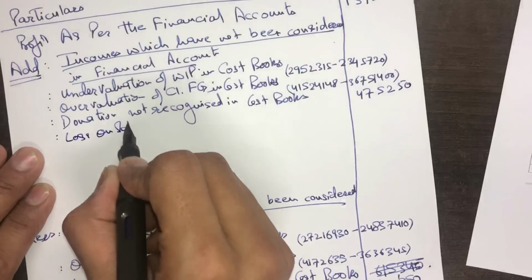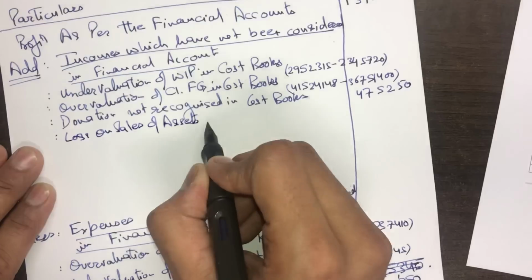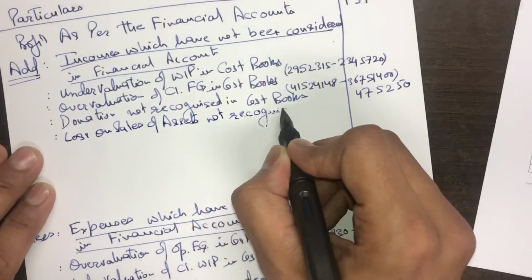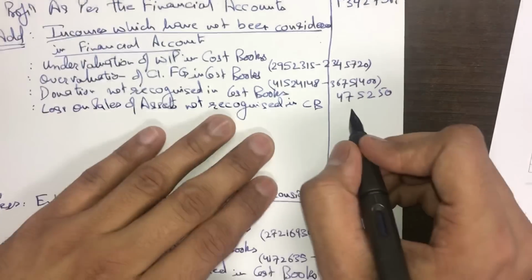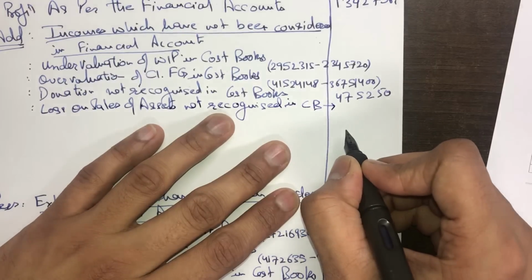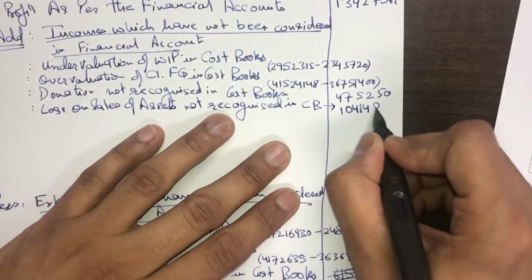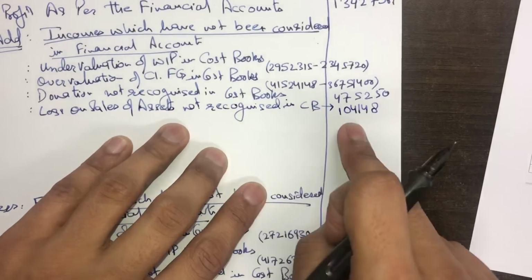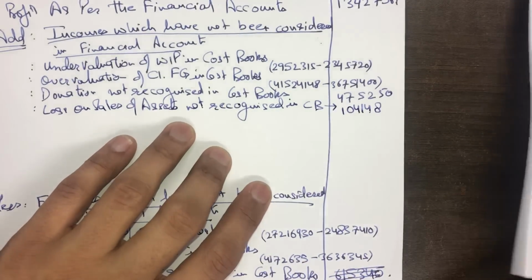Loss on sale of assets not recognized in cost books. What is the amount? Amount is 104148. This is the amount of loss which is not recorded in the costing books. It is in the nature of expenditure.